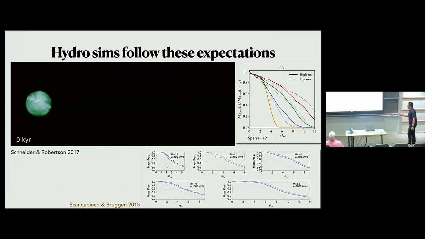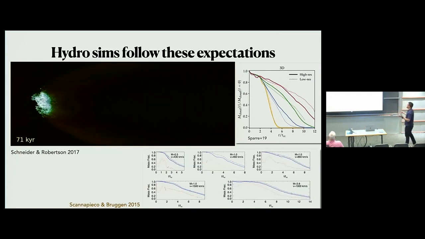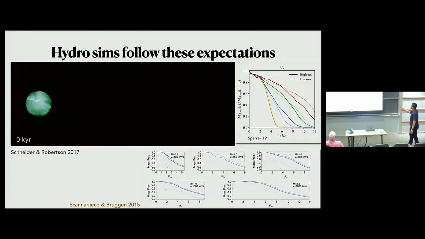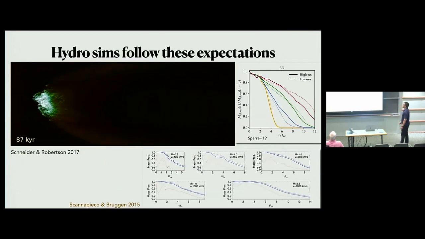If you run hydrosims, you'll find that this happens. It looks like the cloud is just mixed into its surroundings and destroyed. And if you track the mass, it looks like the mass is just going down, right? But in fact, let me play that movie over.